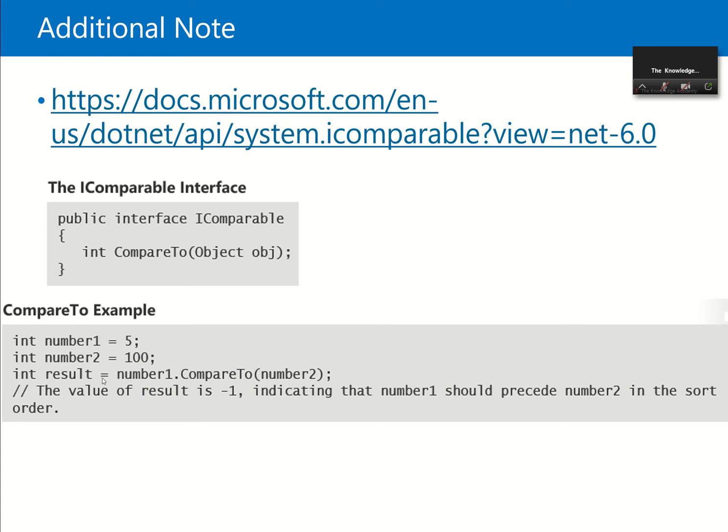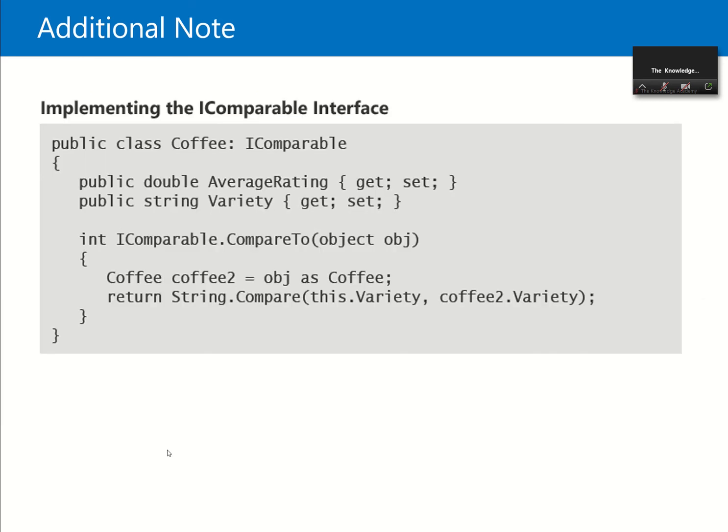The result variable will store the result of the CompareTo method: number1.CompareTo(number2). If number1 is less than number2, the result will be -1. If it is exactly the same, it will return 0. If number1 is greater than number2, it will return 1. So in this case, number1 is less than number2, it will return -1.